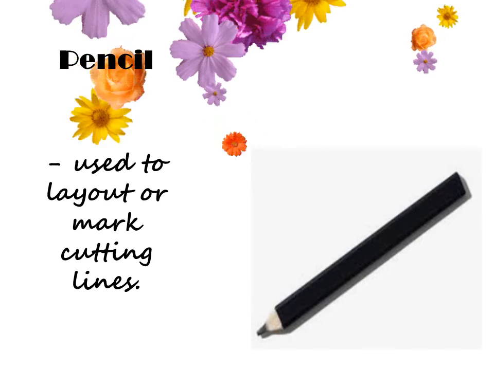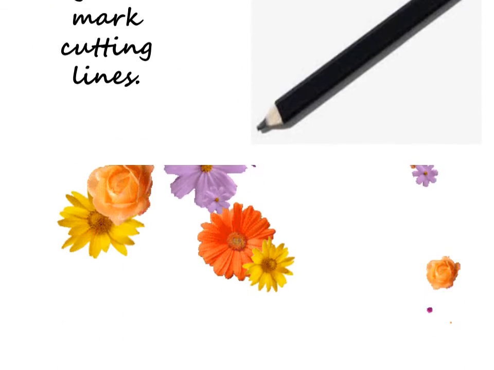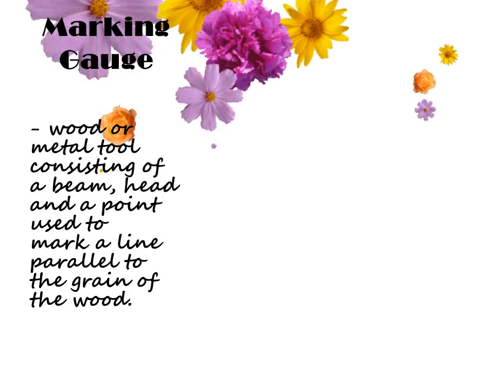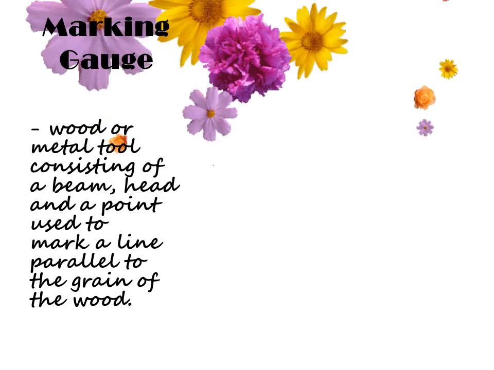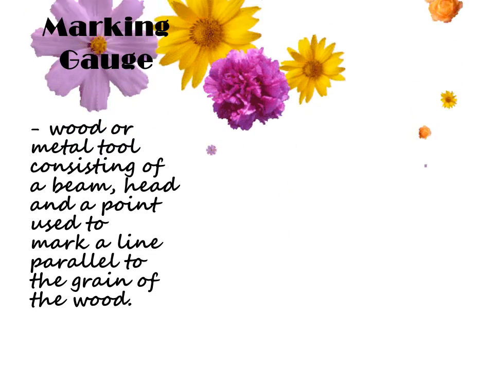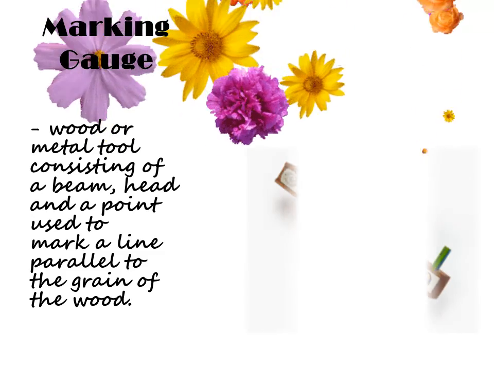We have different types of marking tools. This is the pencil. Next, we have the marking gauge. A marking gauge is a wood or metal tool consisting of a beam, a head, and a point, used to mark a line parallel to the grain of the wood.